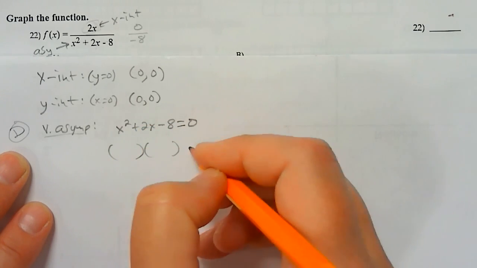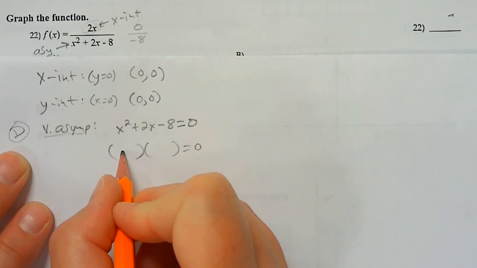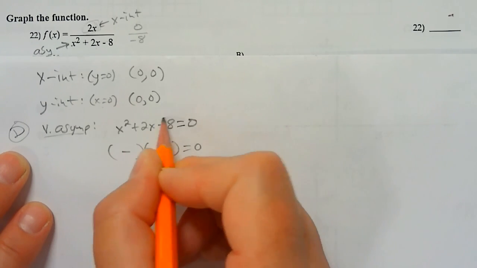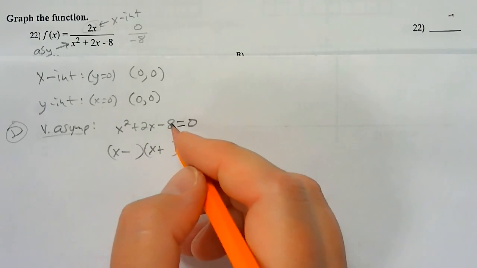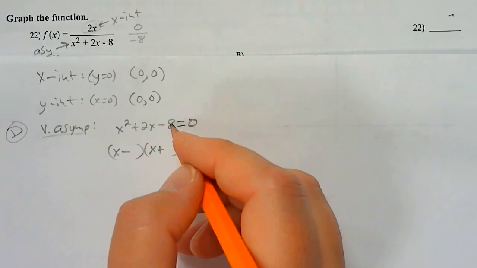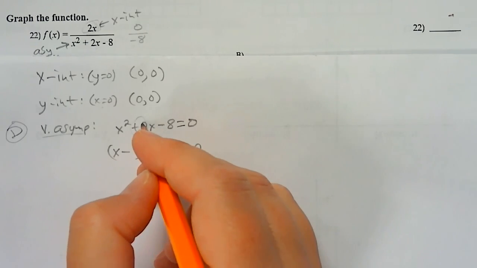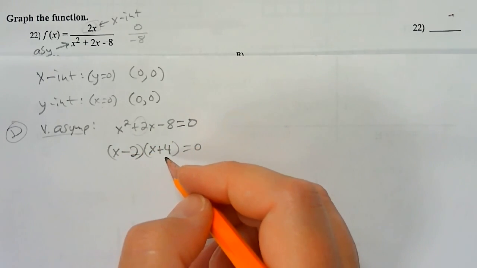I think this will be doable. -8 means one will be negative and one will be positive, because when they multiply, I have to get a negative. My leading coefficient is 1, 4, and 2. 4 and 2 sounds good, but I need the 4 to be positive because it's more. It'll end up being positive, and 2 there. I think that'll work.